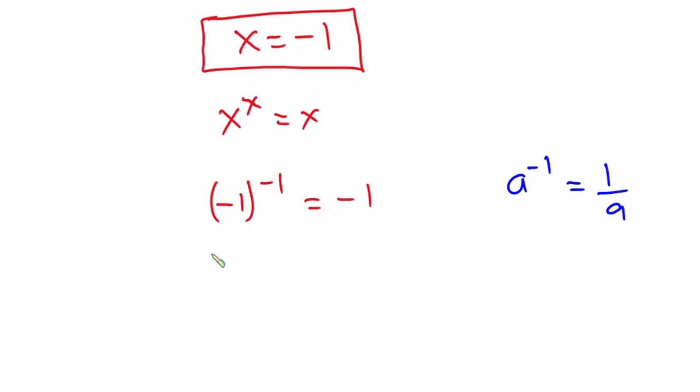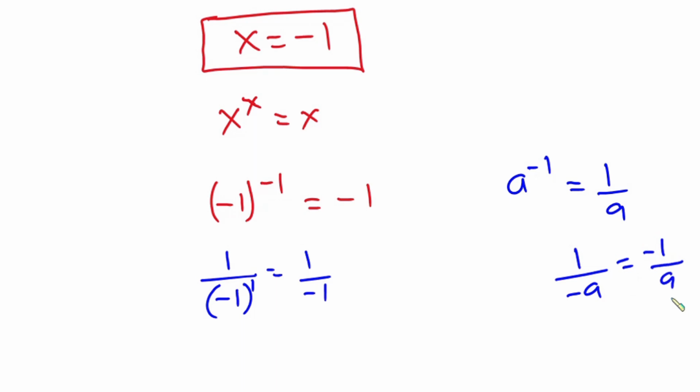So I can write this as 1 over negative 1 to the power 1, okay, which is still 1 over negative 1. Right. Now, if I have 1 over negative a, then this is the same as negative 1 over a. Okay, this is the same as negative 1 over 1, and any number over 1 is the number itself, so we have this to be negative 1.